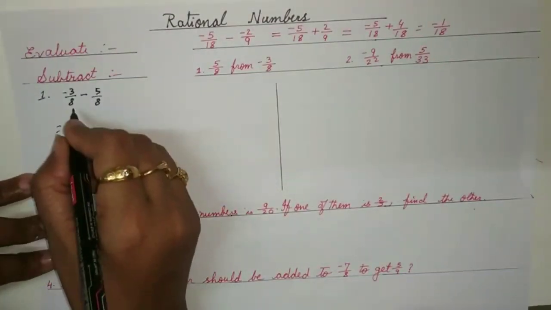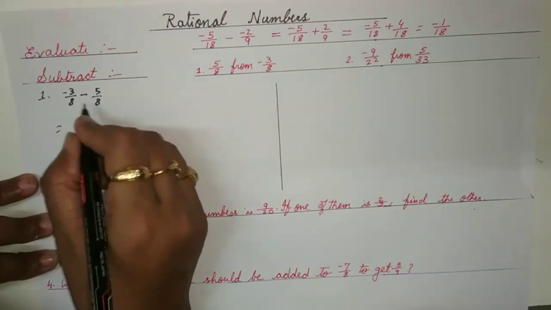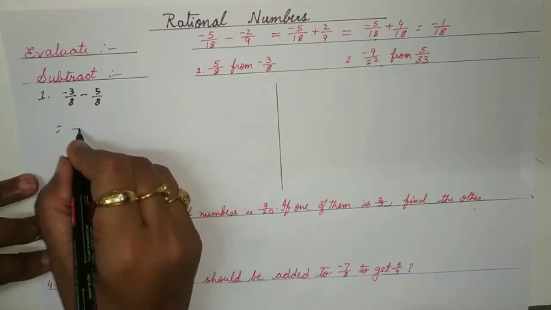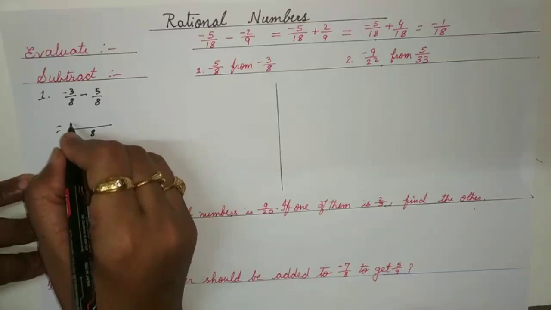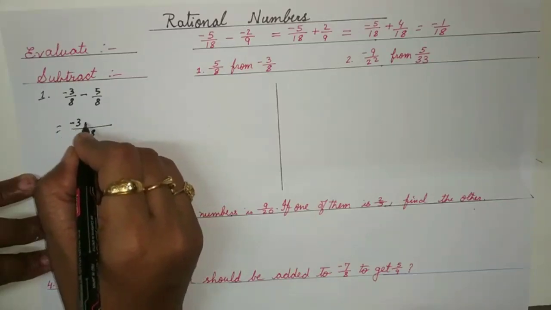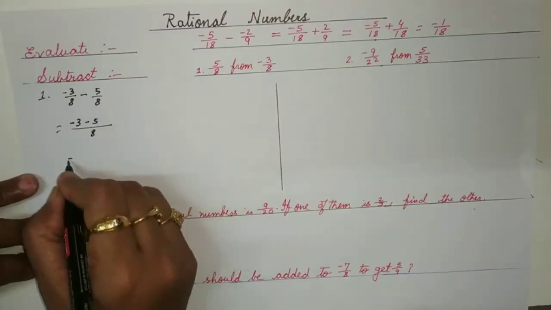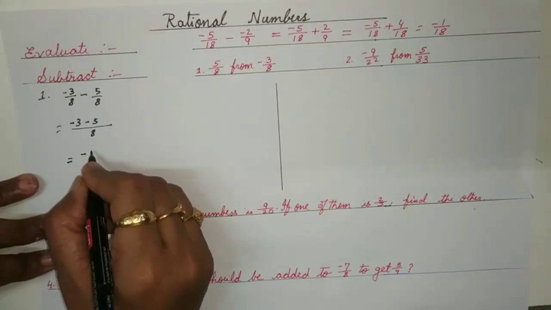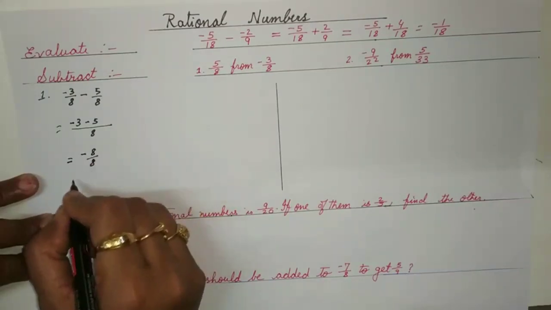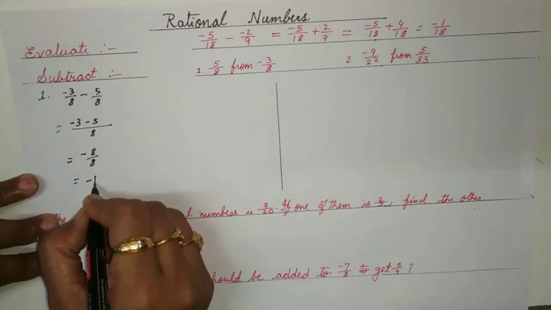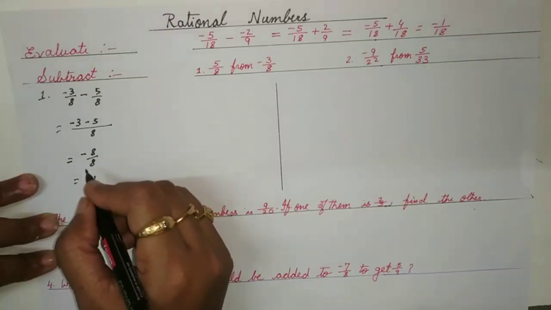Since both the denominators are 8, your LCM is 8, the numerators minus 3 minus 5 is equal to minus 8 by 8, which is equal to minus 1. 8 and 8 get cancelled.